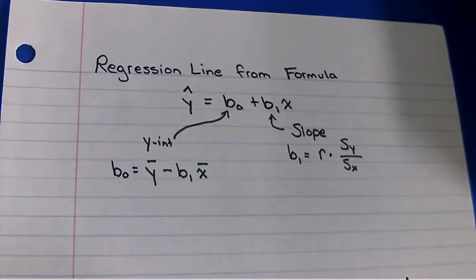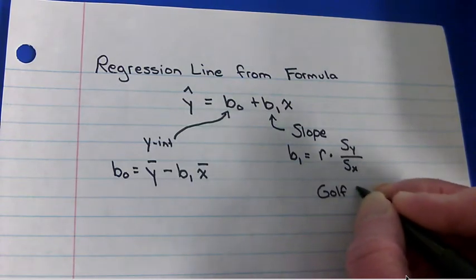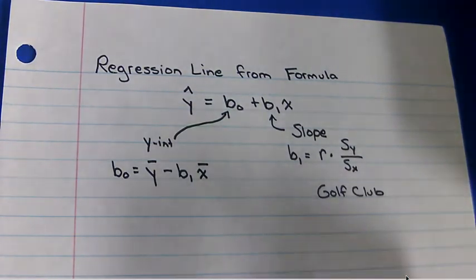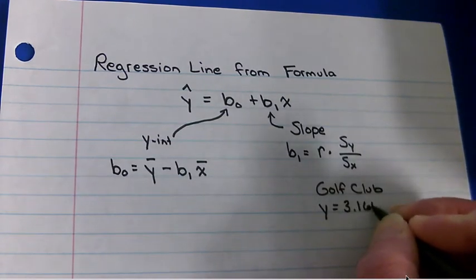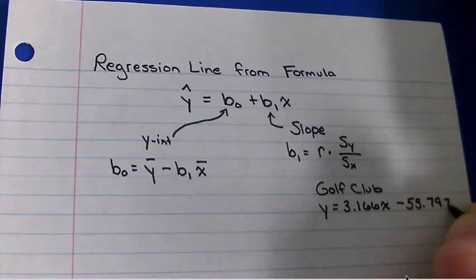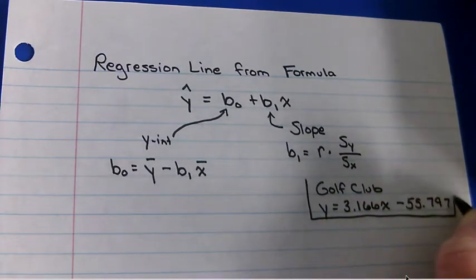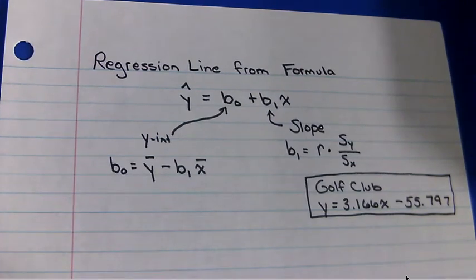Now let's think back on that problem with the golf clubs. We had already found the regression line. It was 3.166x minus 55.797. So what I want to see is if we can use the formula to come up with hopefully something close to that equation.